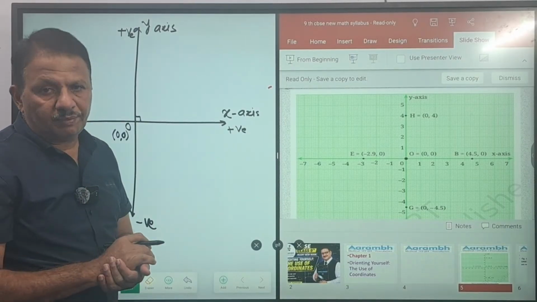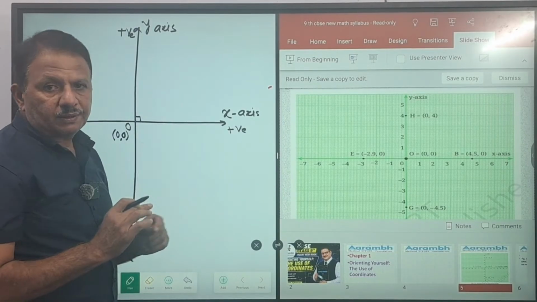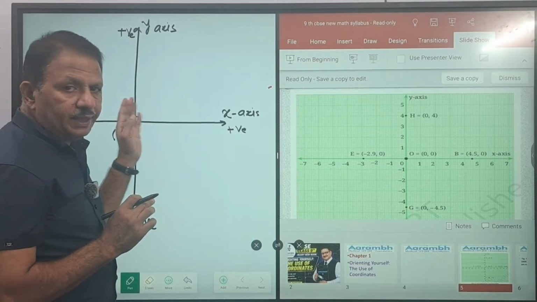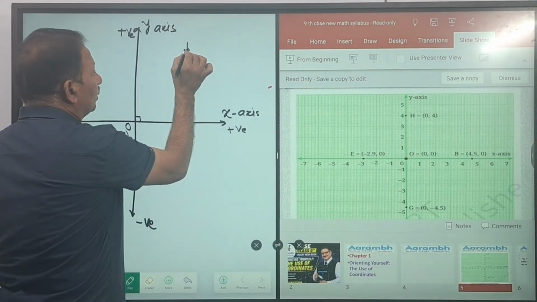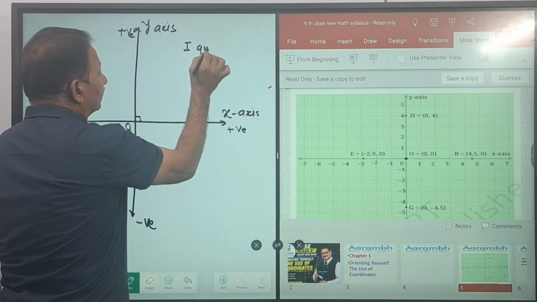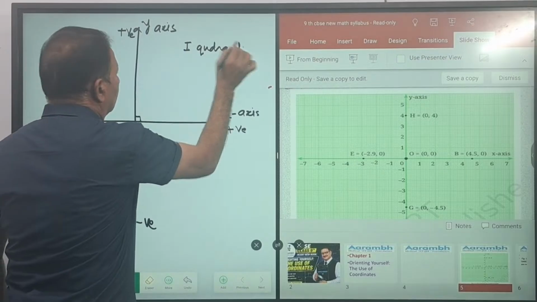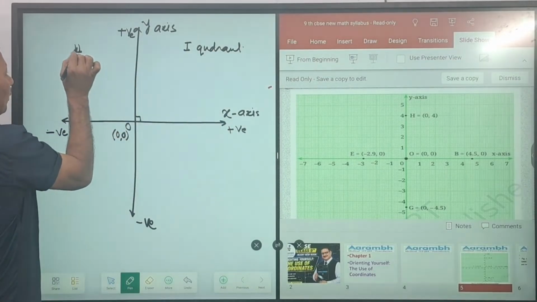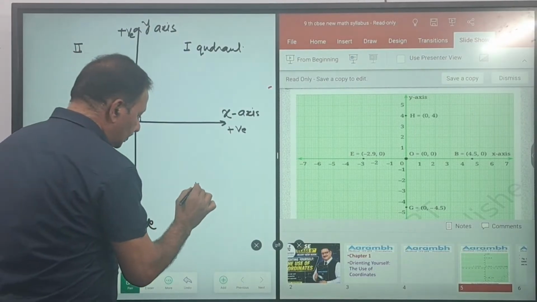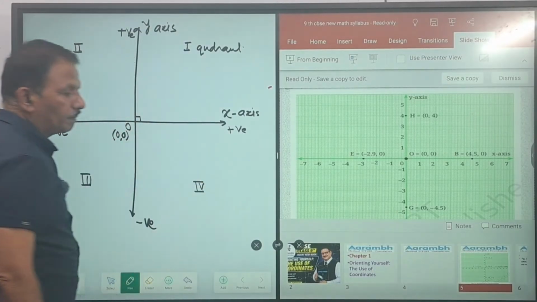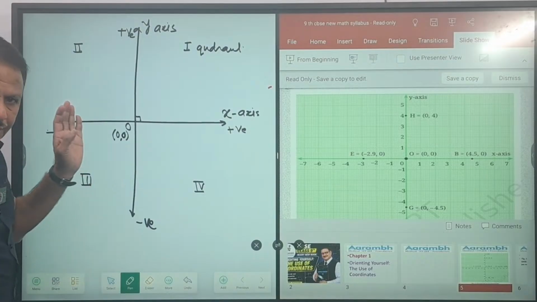In coordinate geometry, each equal part is called a quadrant. So this is my first quadrant. This is my second quadrant. This is my third quadrant, and this is my fourth quadrant. Is it clear to you?